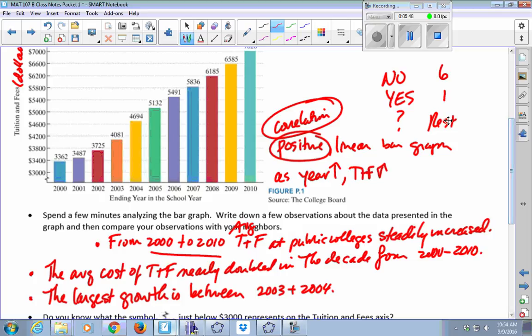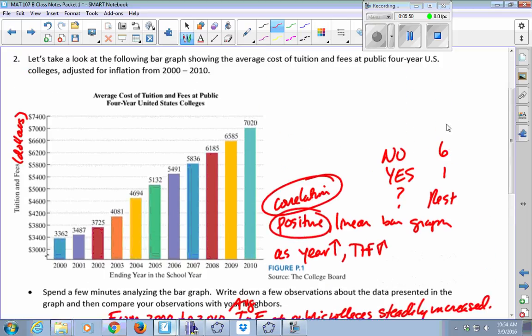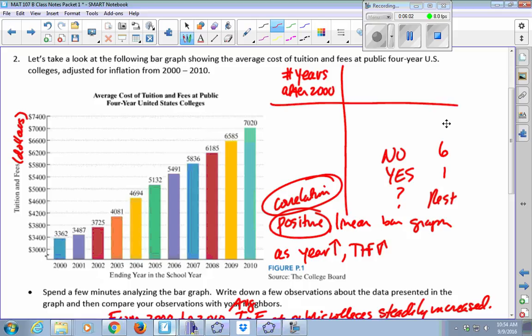So in other words, for this to be an exact linear relationship, if you took the number of years, let's say after 2000, this is a typical thing that we do when we're working with data sets like this that has the actual year here. Notice they're saying ending year in the school year.